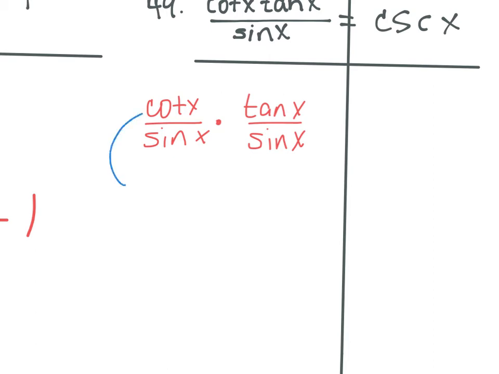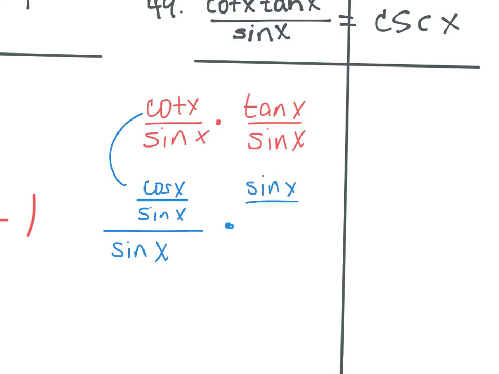So cotangent, I'm going to replace cotangent with cosine x over sine x, and that's over sine x, times tangent is sine x over, what guys? Cosine x, and that's also over sine x. Everybody see that?